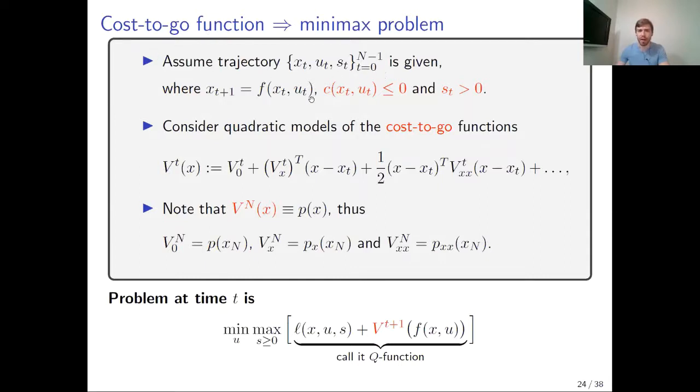So let's assume we have a trajectory which is given, and the trajectory satisfies the dynamics. It can be satisfied by propagating the given control inputs. Constraints are satisfied, and the dual variables are strictly positive. So let's consider the quadratic models of the cost-to-go functions.